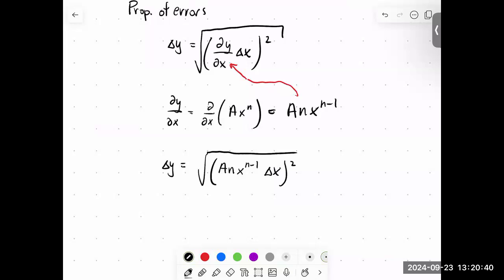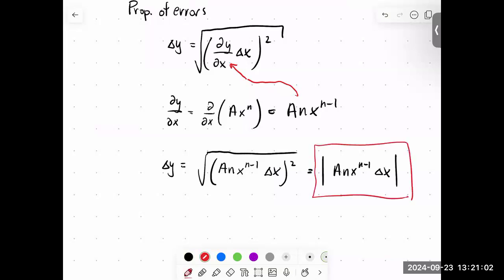So of course, what happens if I square a quantity and then take the square root? What do I get? I get the absolute value. So I'm going to write this as the absolute value of a n x to the n minus 1 times delta x. And that's it.